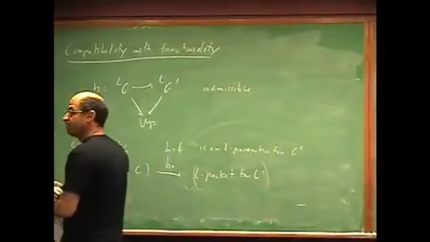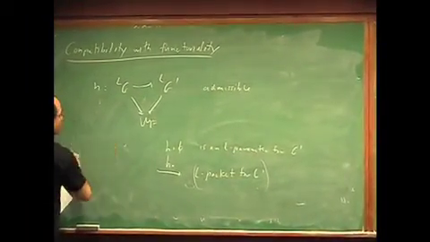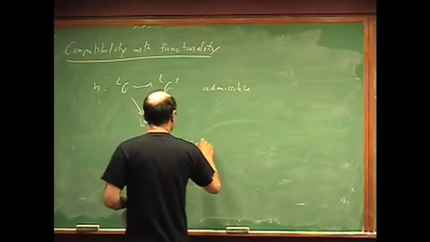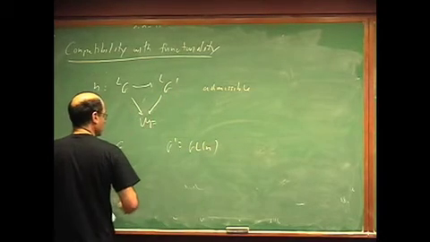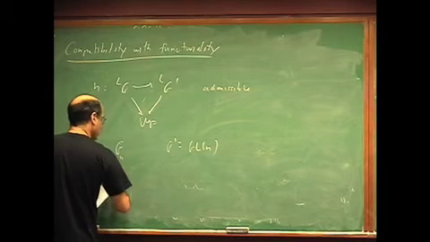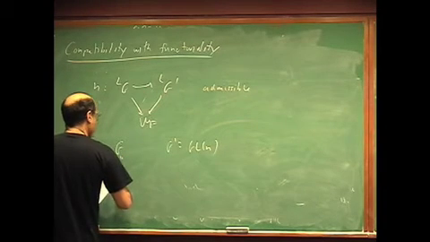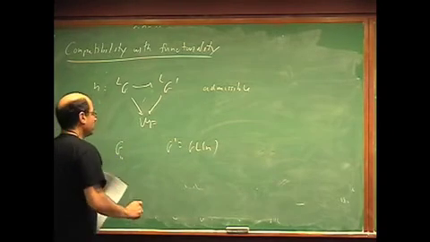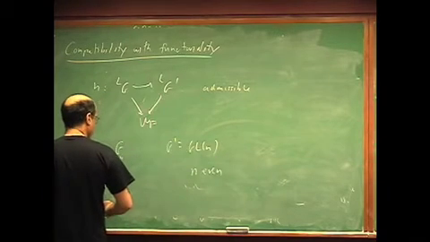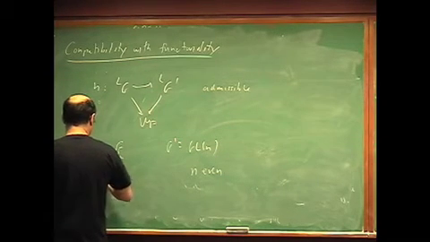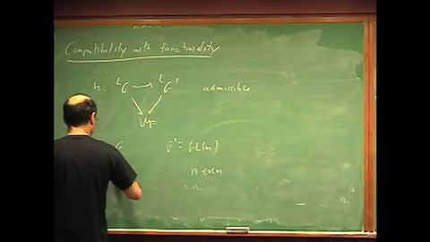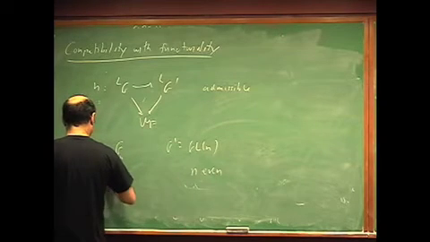Now, I don't have time to say what I want to say, which is what happens if G prime equals GLN and G is something else. For example, if N is even, then G could be SO(N plus 1), or SON.